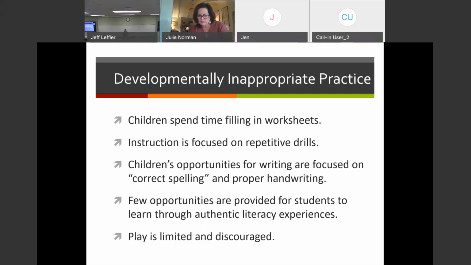And worksheets are extremely limited in getting children to engage in a thinking process. Another thing that's inappropriate is instruction that's focused on repetitive drills. You know, a lot of parents want to buy a pack of flashcards for kids to recognize letters. There's some benefit, particularly if you're playing with them and looking at the cards together.